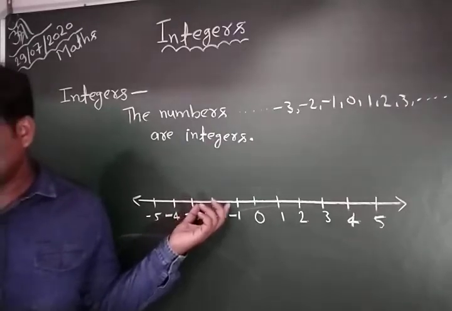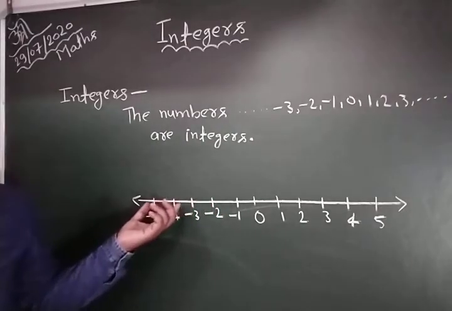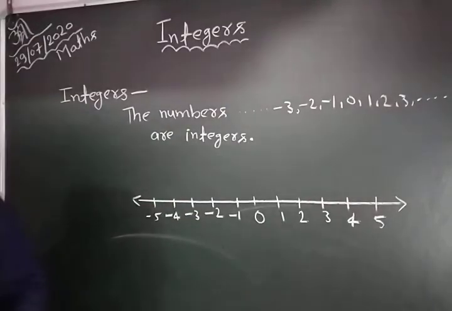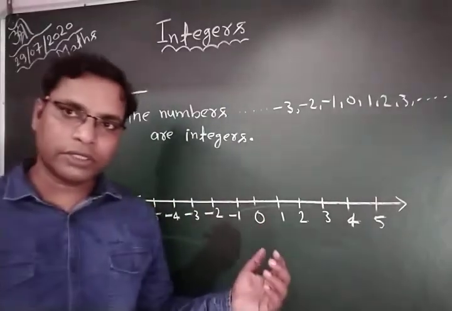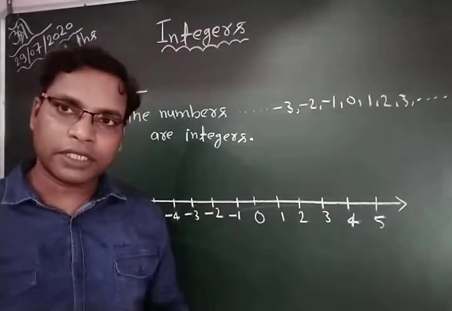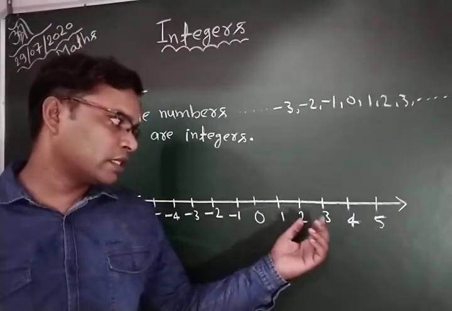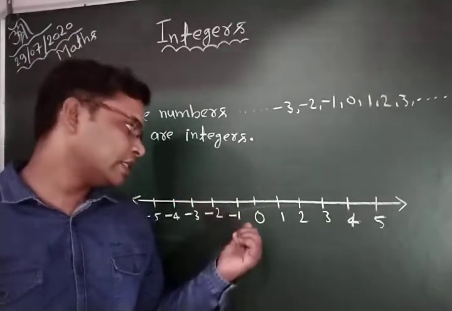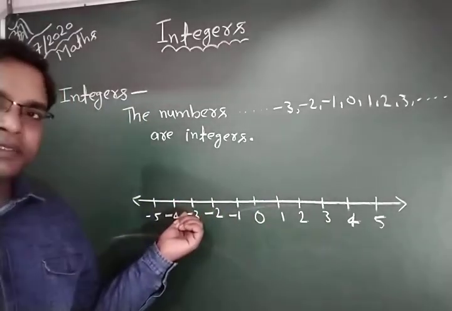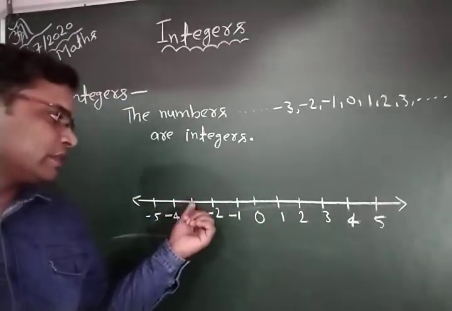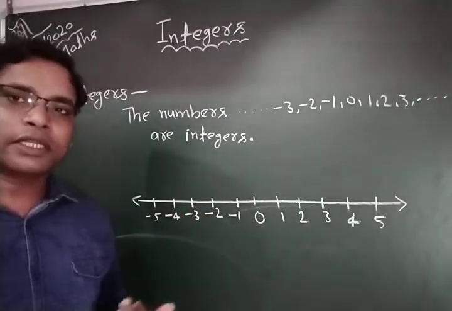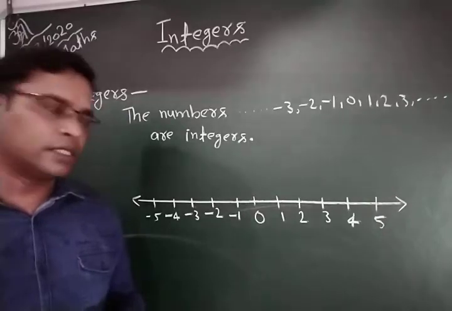An integer is greater than all those integers that lie to its left on the number line. You can see here -3 is to the left of -2, so -2 is greater than -3.